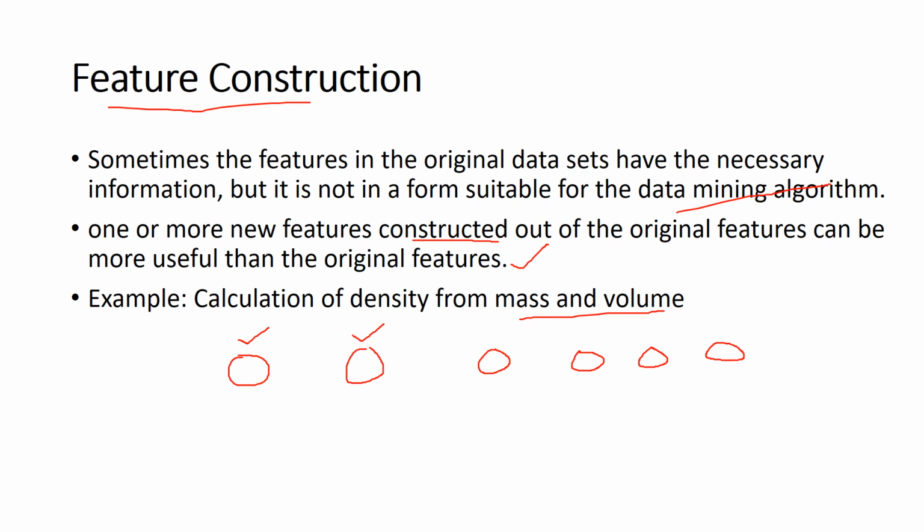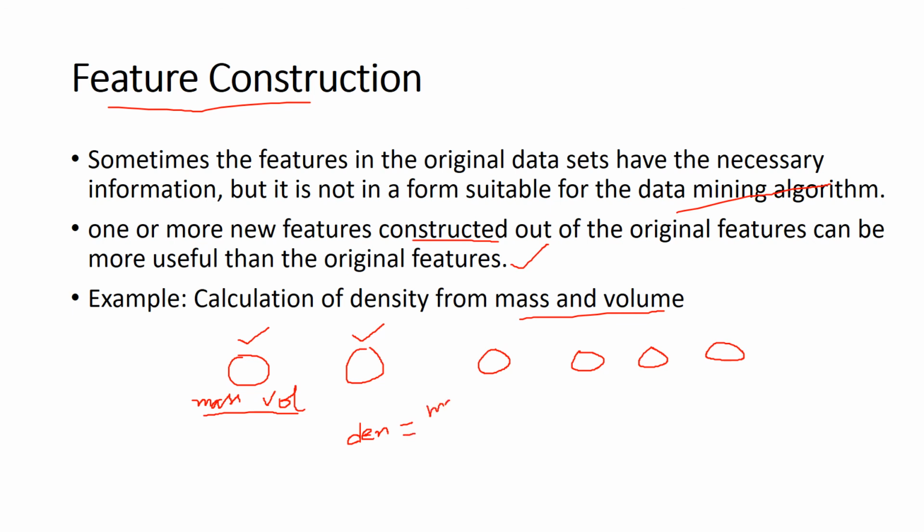In case the data set has mass and volume, these two features may not be very helpful in understanding the nature of the element that is being used for the construction. So what we can do is calculate the density, which is equal to mass divided by volume.